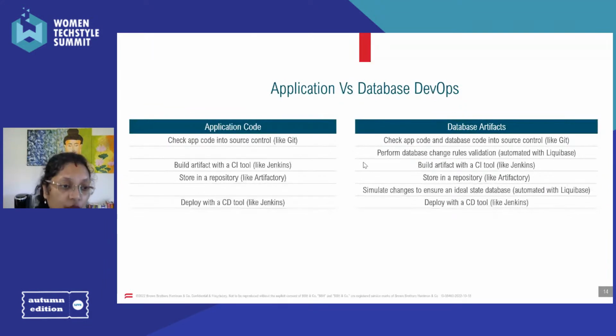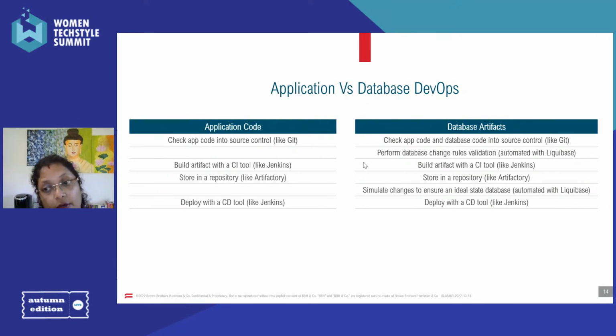So if it was application code, we'll check in the application code into source control, such as Git. We'll build the artifacts with some CI tool, let's say Jenkins. We'll store it in the repository wherever we keep our packages, and then we'll deploy using the CD tool, let's say again Jenkins. But what about database artifacts?